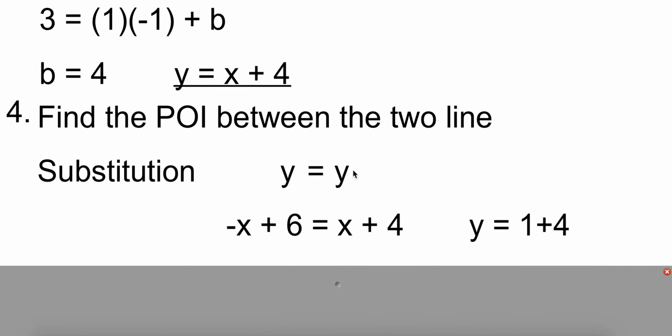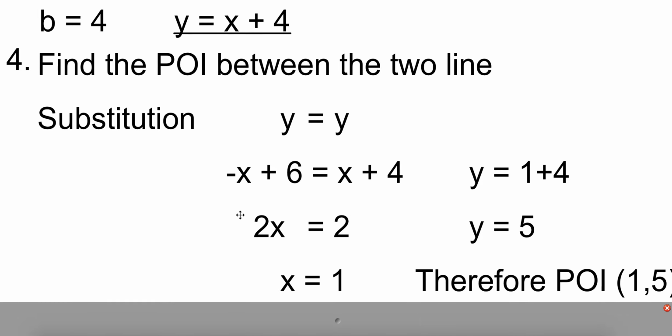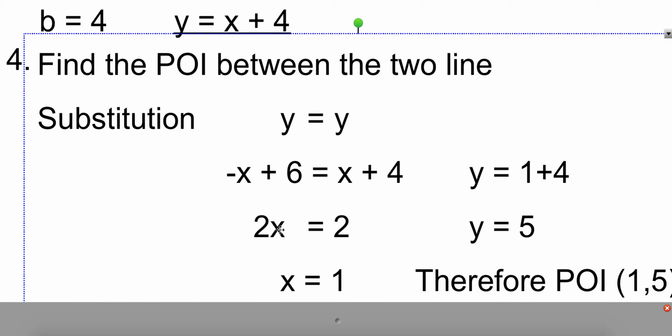So I just made y equal to y by doing substitution. -x plus 6 equals x plus 4. I would move this over here and get 2x equals 2. I just switch the sides. You can do this and make it a little easier, I guess. Make it look a little nicer.